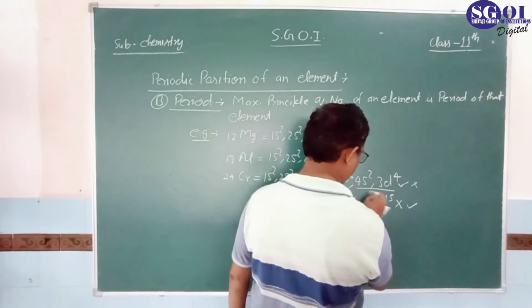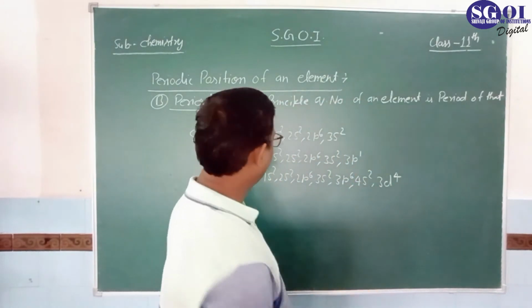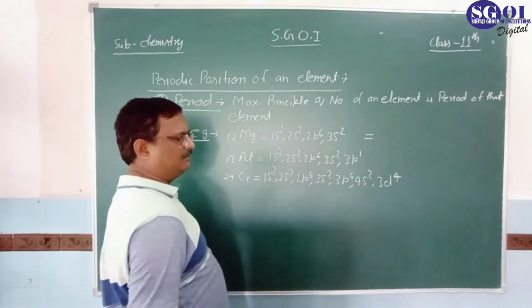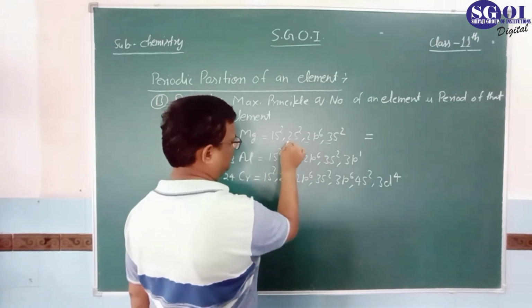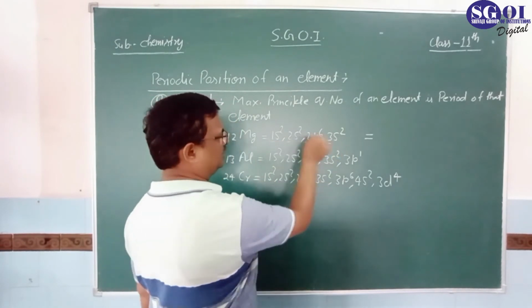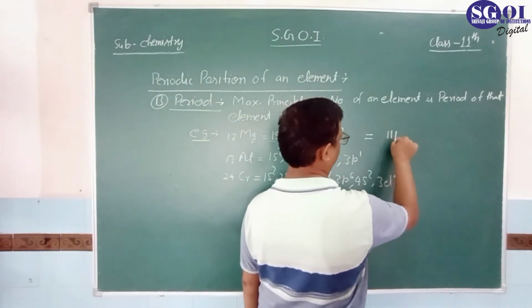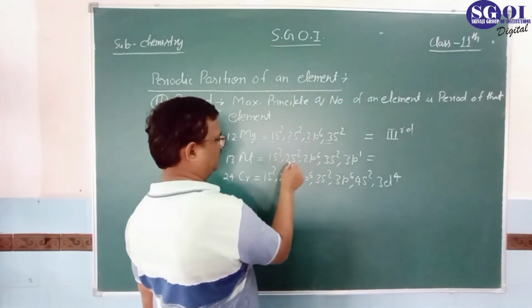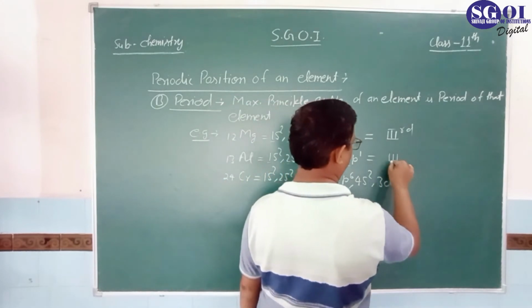So see here, the maximum principal quantum number. The principal quantum number arises from this. So which one is the largest number? It is 3. So the period is third. Here 1, 2, 2, 2, 3 and 3, so that is also the third period.